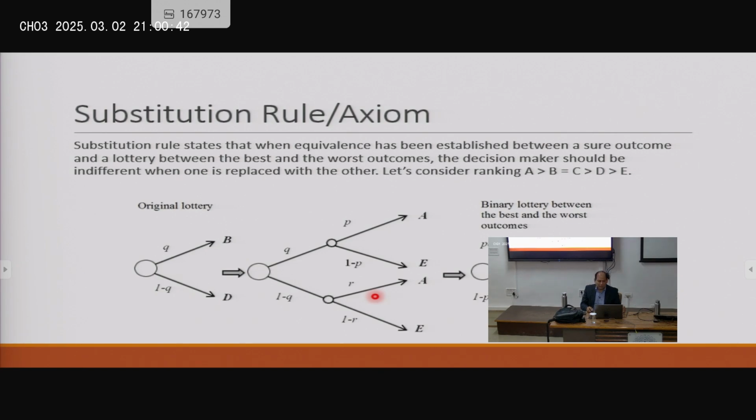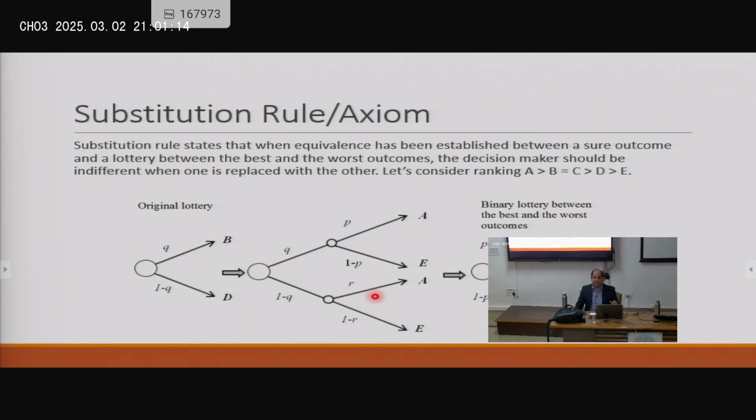Right, so if you buy that, then you also have to agree with the substitution rule, right? Rather, we already did the equivalence rule. The substitution rule, or axiom, says that once equivalence has been established, you established equivalence, you said, for this sure B and a lottery between A and E, this probability makes me indifferent. Great.